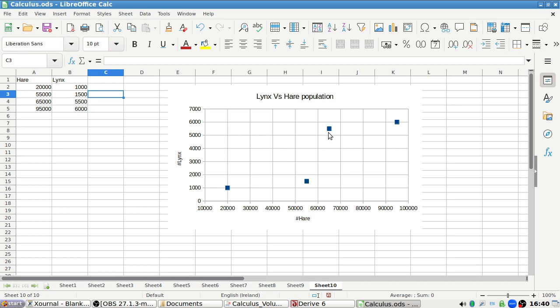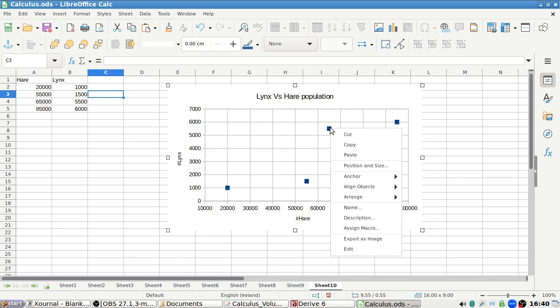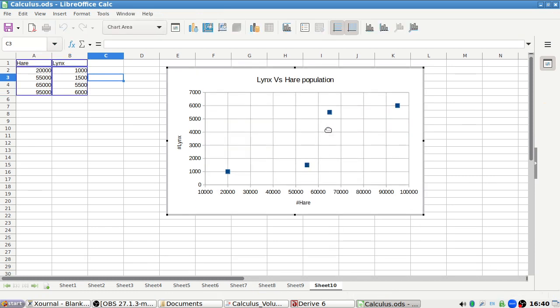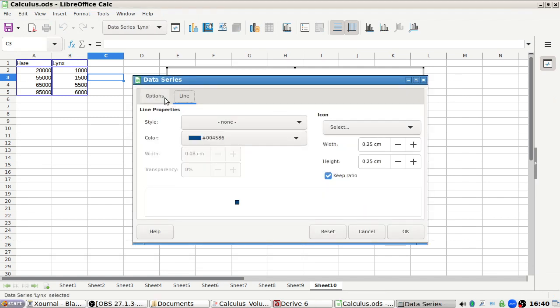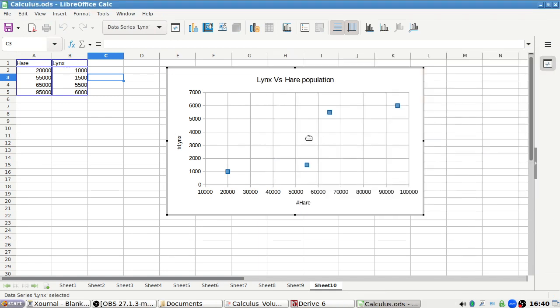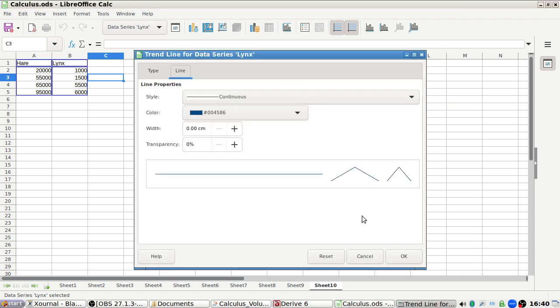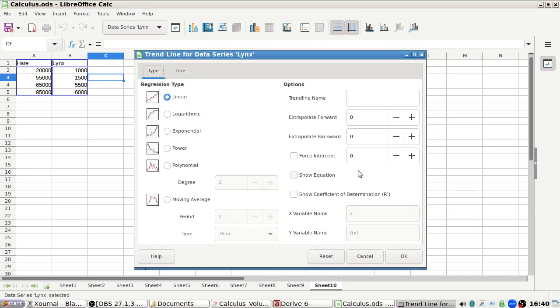What will I do? Okay. I'm going to try and fit in here just a straight line. Linear, show equation.